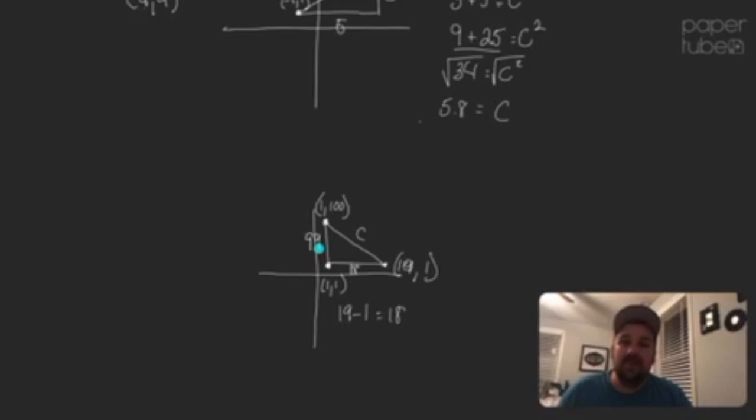Then you would take your numbers and plug them into your Pythagorean theorem. So A squared plus B squared equals C squared. And this kind of brings us back to our other sections of notes. From here, we plug in 18 squared plus 99 squared equals C squared.